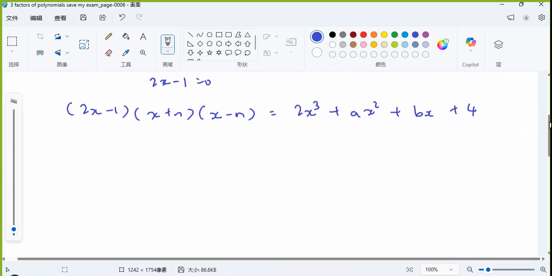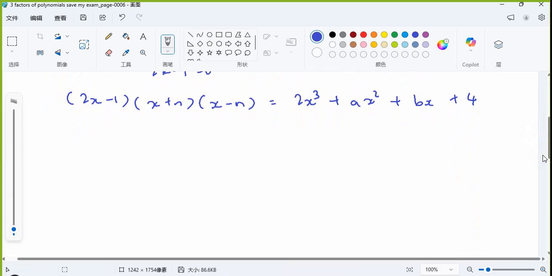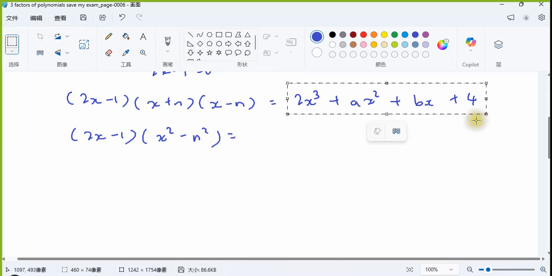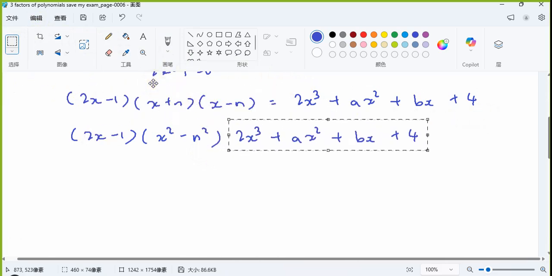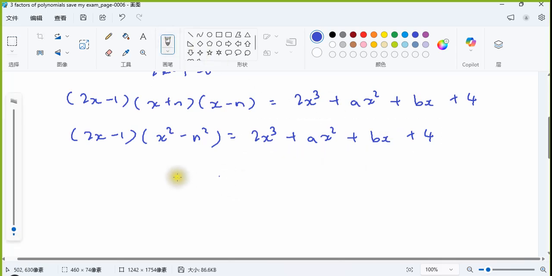Okay, or we can have 2x minus 1, x squared minus n squared, equal to this. So when x equal to half, then this part equal to 0.